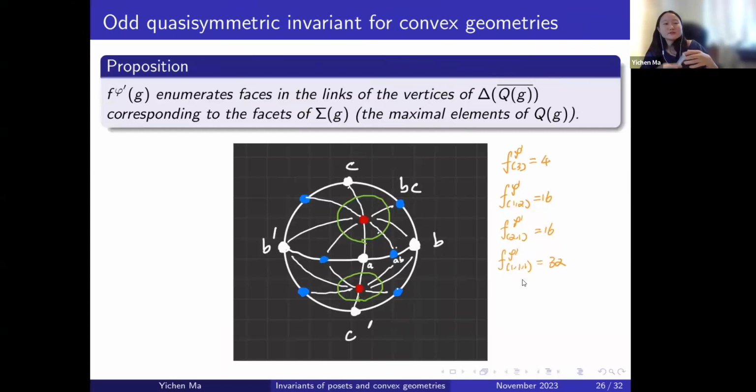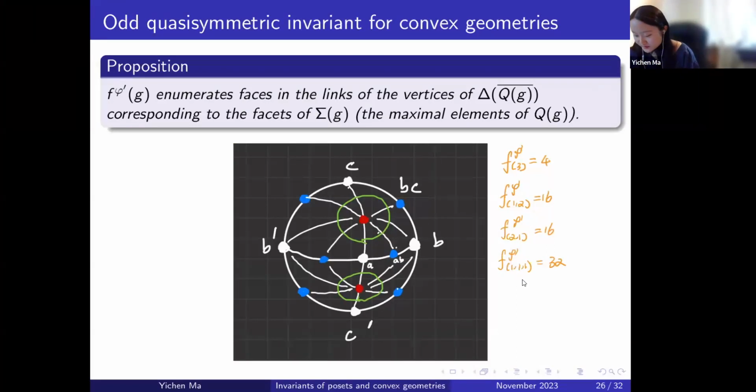Okay, so the nice result from our quasisymmetric invariance on Hopf monoids is that the flag f-vector associated with phi prime on G actually enumerates the faces in the link of the vertex in the order complex.